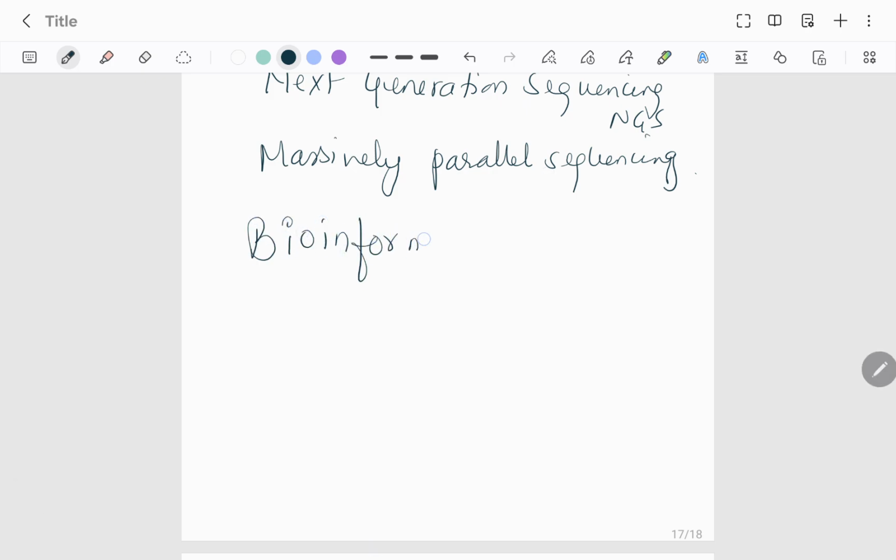Bioinformatics. Informatics is the study of computational systems, which you apply to biology.